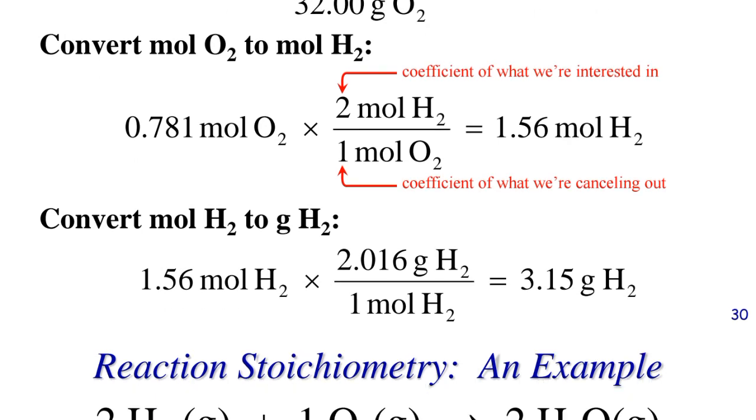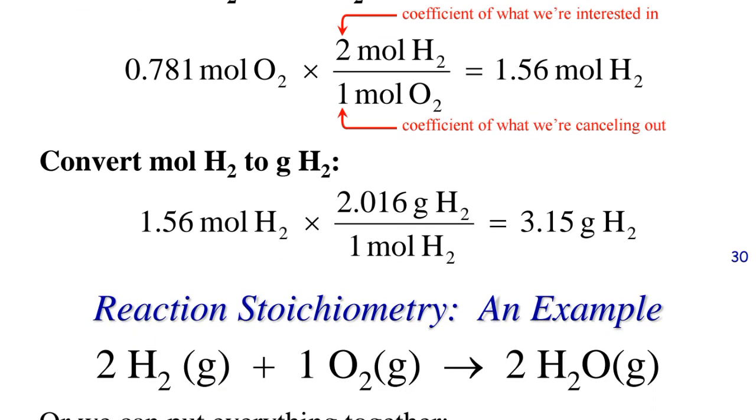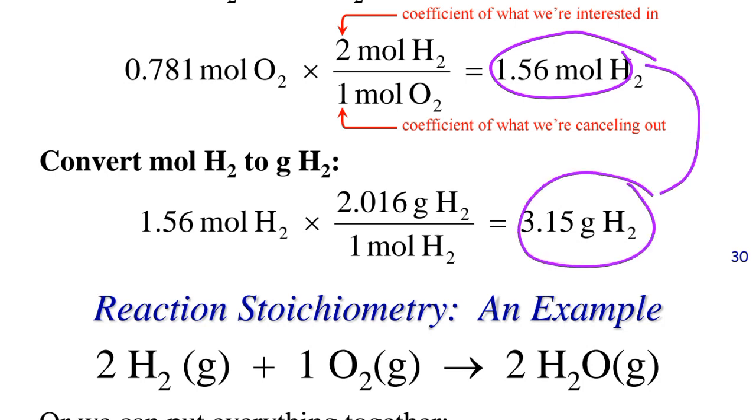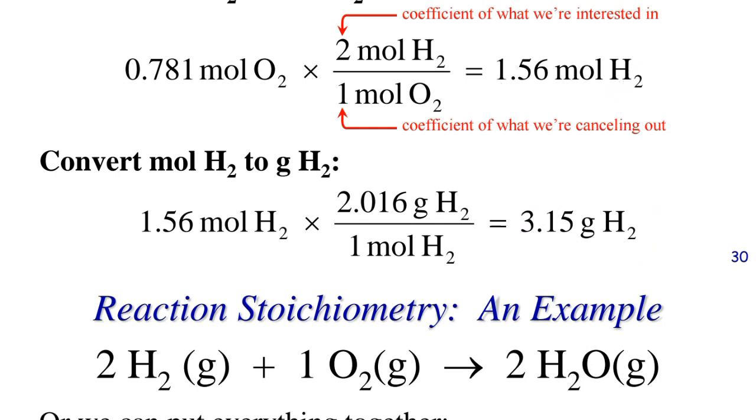Now we convert that amount to mass. How can we convert it to mass? You can use the simple way of rearranging: 1 mole of hydrogen gas is equivalent to this amount. So how many moles would it be? In the end you get the answer.